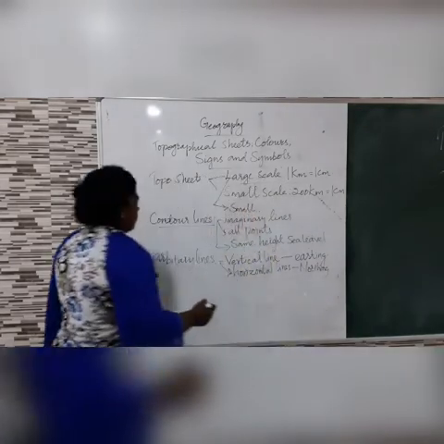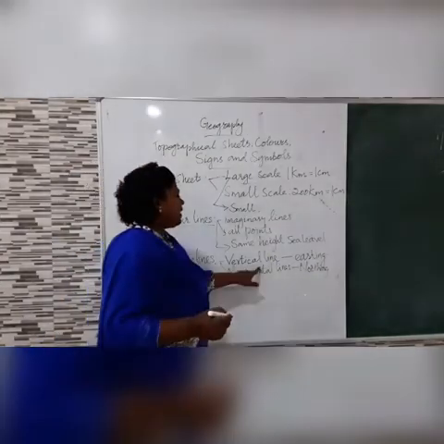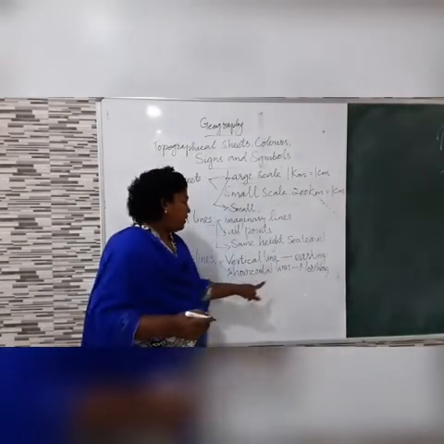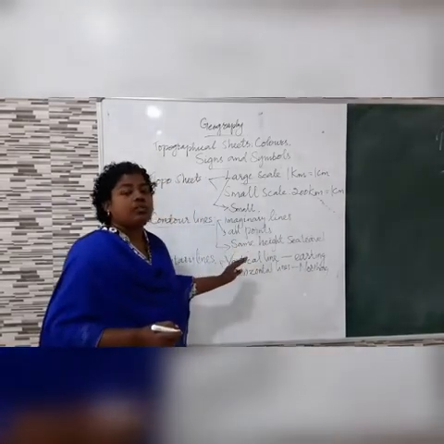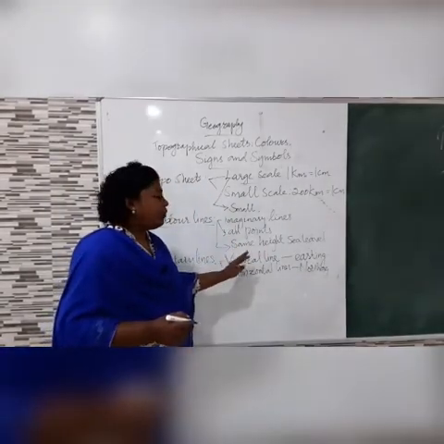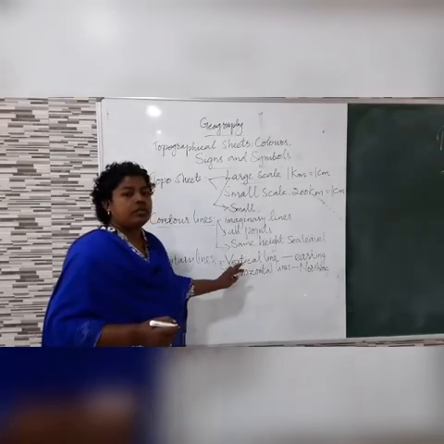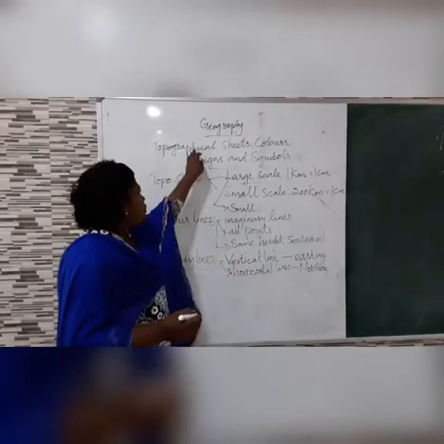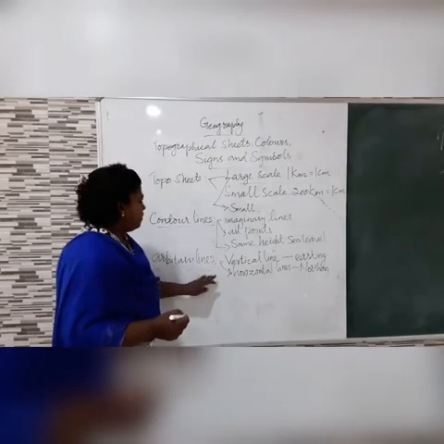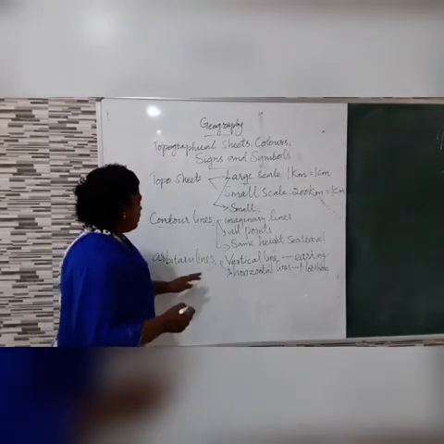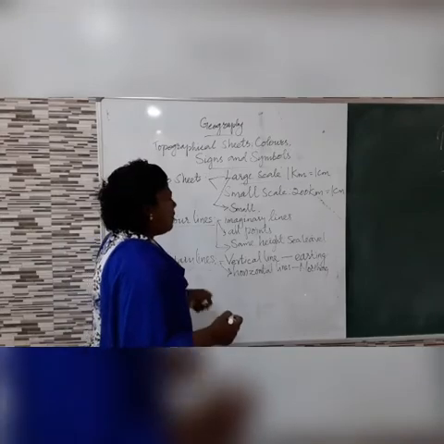What are the two arbitrary lines? The vertical line is known as easting and the horizontal line is known as northing. There is no use of latitudes and longitudes in the topographical sheets. And these arbitrary lines are used in this map.